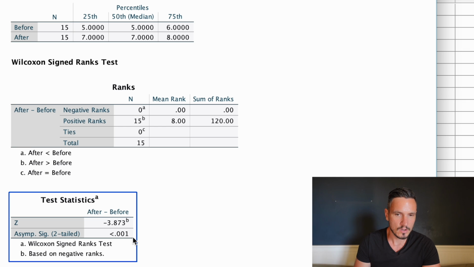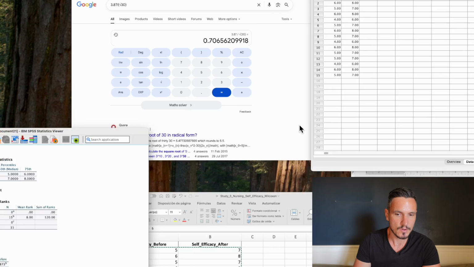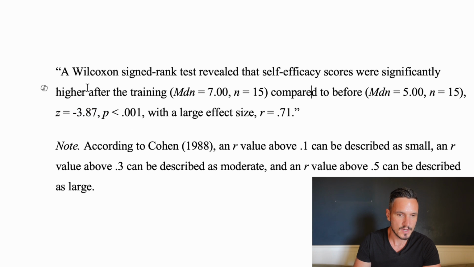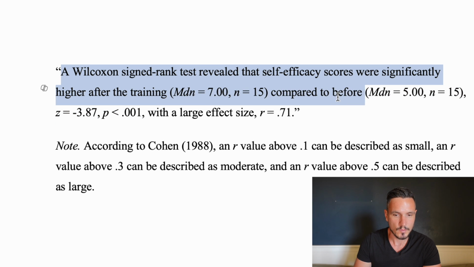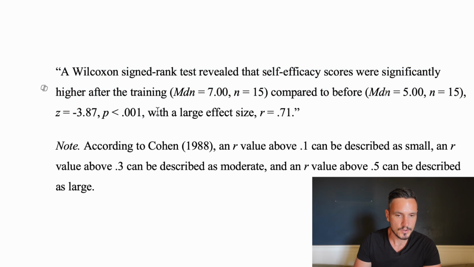But let's also take a look at how we can write up these results. We'll have an example here, and I've said that a Wilcoxon signed rank test revealed that self-efficacy scores were significantly higher after the training compared to before, and each time I've referred to a time point, I've included a median and an n value. So we have a median of 7 and an n value of 15 for after the training.